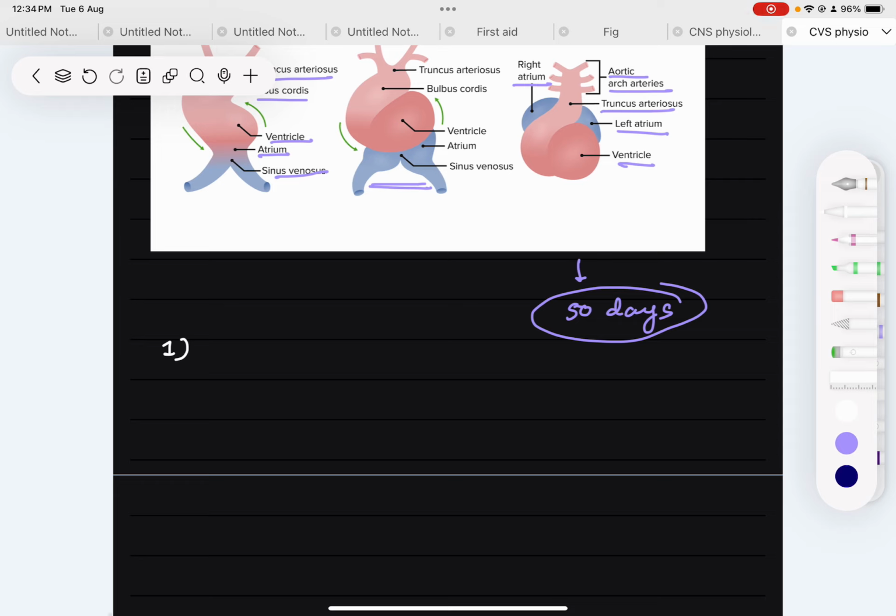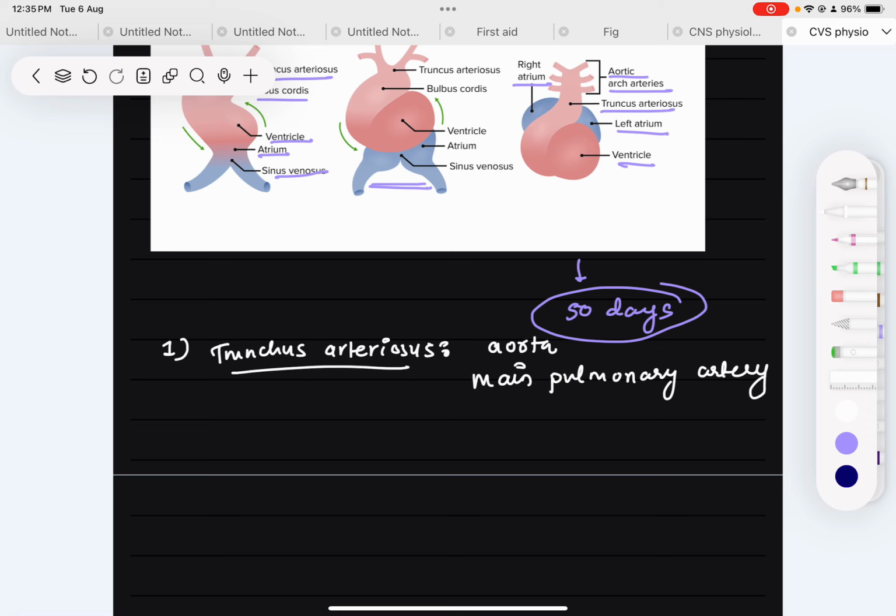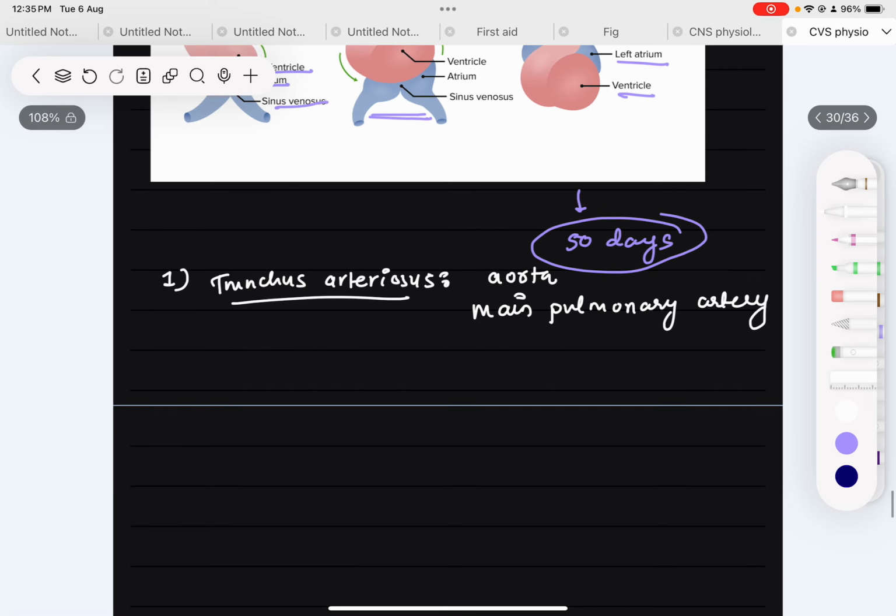So first, the truncus arteriosus: the aorta and main pulmonary artery are both going to arise from the truncus arteriosus only. Second, from the conus part and bulbus part.